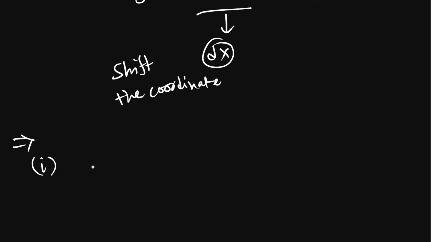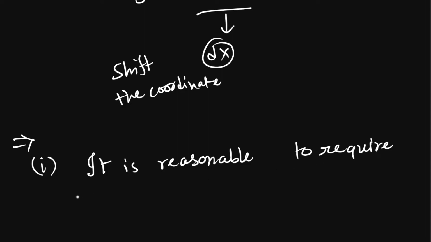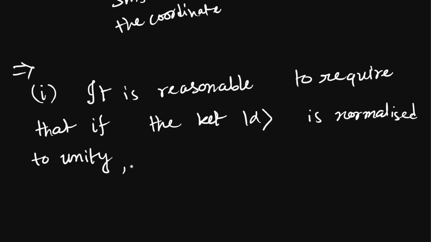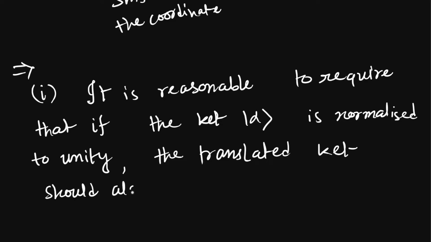Property number 1: it is reasonable to require that if the ket alpha is normalized to unity, the translated ket should also normalize to unity.